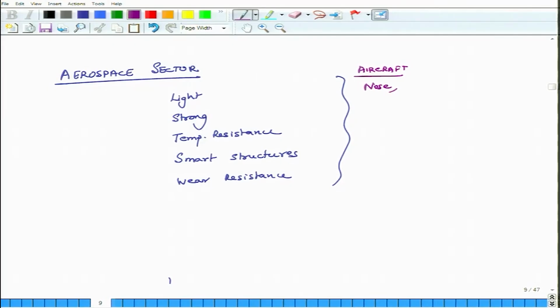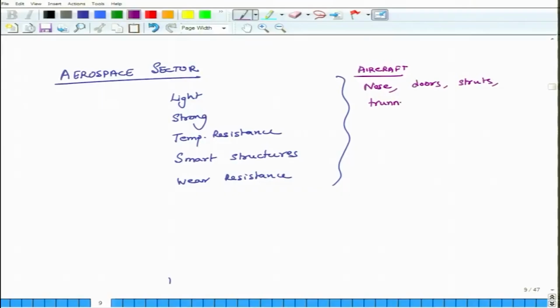So, some special composites may be used to handle these things. They are used in doors, they are used in a structural member called struts. So, please go back and check in your mechanics book what a strut is. It is a structural member, it takes a lot of load. So, there you want it to take a lot of load, be strong, but still be light.